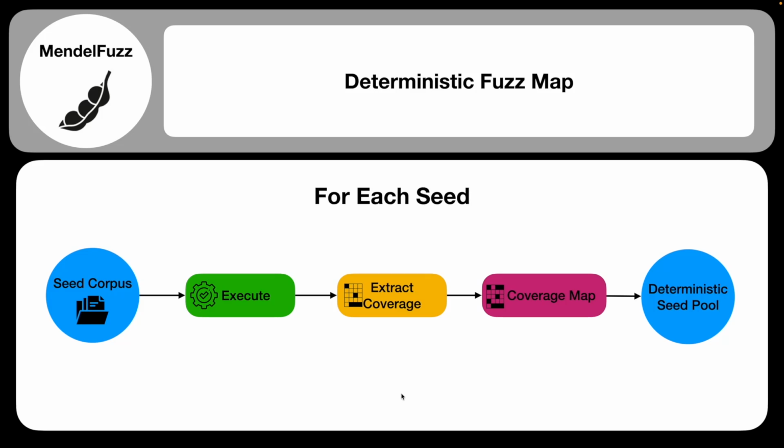So the way this process works is you take a seed from your corpus, you run it, and extract its coverage map, and for any new behavior this coverage map finds, you add that to your global coverage map. If it found new coverage, you then add that to the deterministic seed pool. Otherwise, you just pass it on to the normal seed pool.